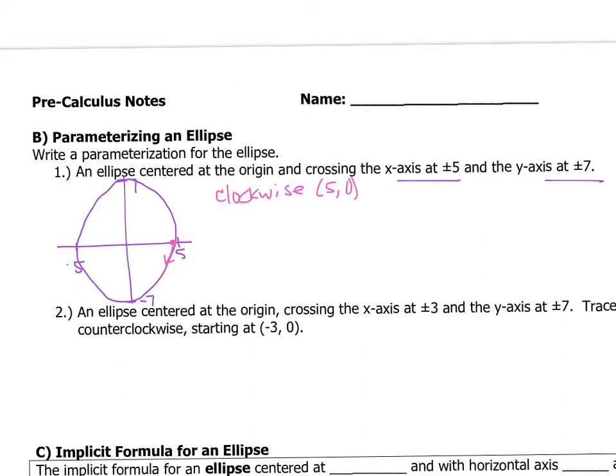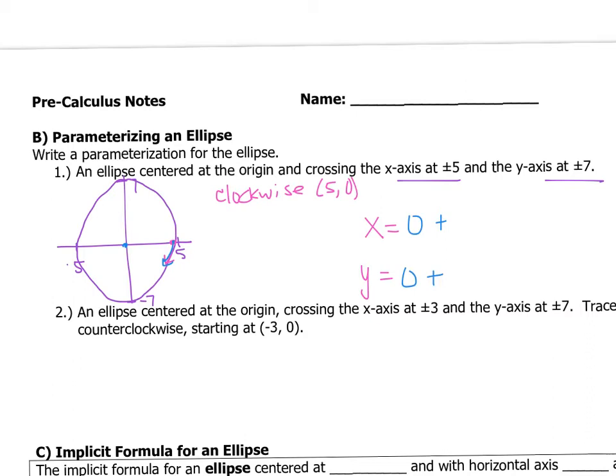So again, this is going to be very, very similar to our thought process on finding the parametric equations for a circle. We have our x equals and our y equals. Now, since the center is at 0, 0, we are not going to have values for h and k. If you really want to put zeros in to kind of keep that straight for yourself, that's fine. So let's look at this point 0, 5 and the direction that we are going.